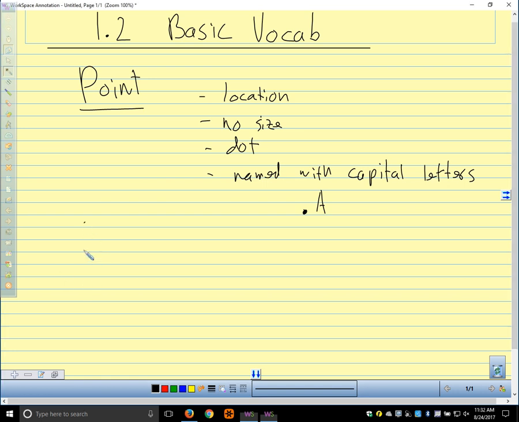All right, a line was our next undefined term. No technical definition. What's an important fact or characteristic about a line? Yeah. It has no thickness. No thickness. Yeah, go ahead. Both directions. Two directions infinitely.